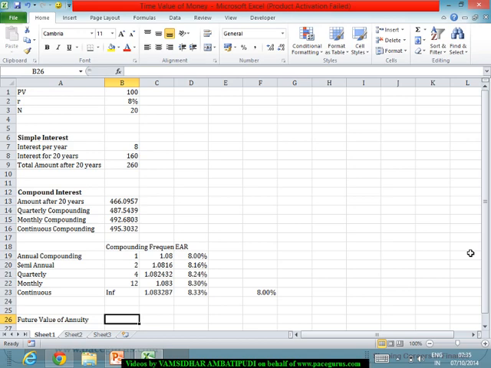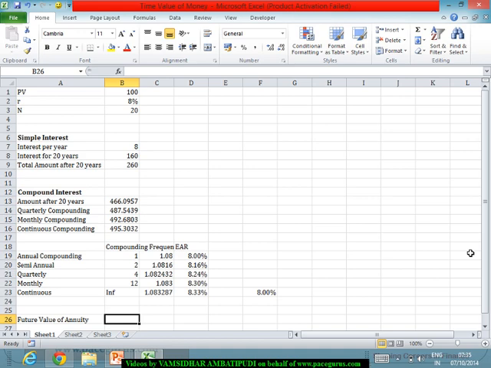Then what is the accumulated amount at the end of 20 years? That is what we call an annuity. I am depositing 100 after 1 year, another 100 after 2 years, another 100 after 3 years, and so on, another 100 after 20 years.